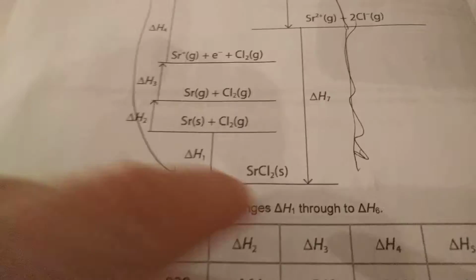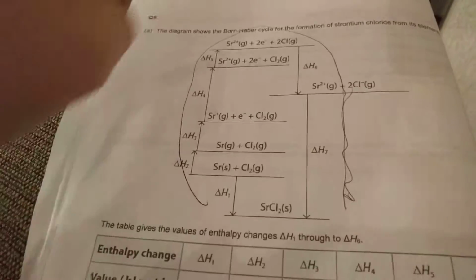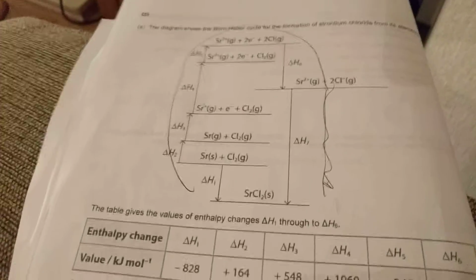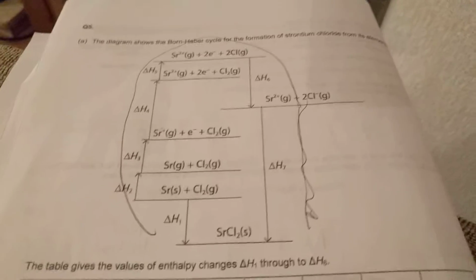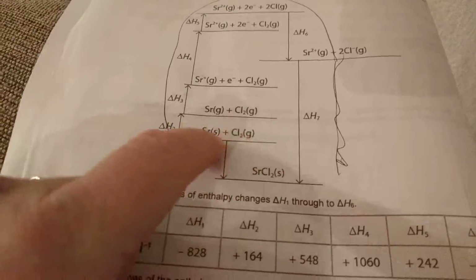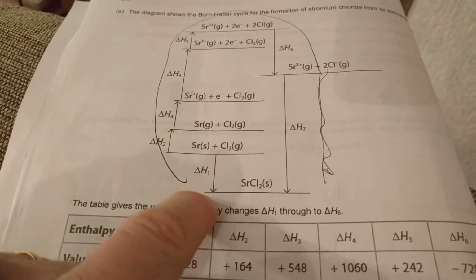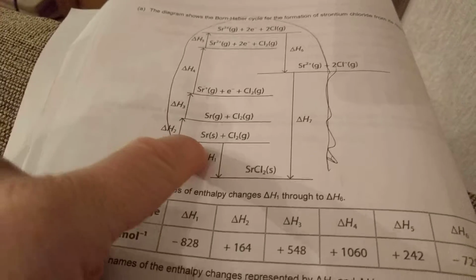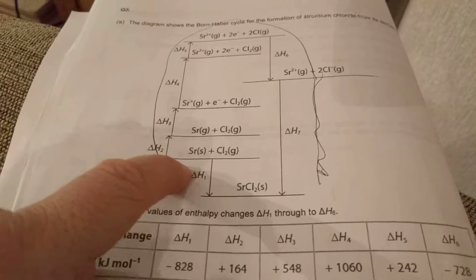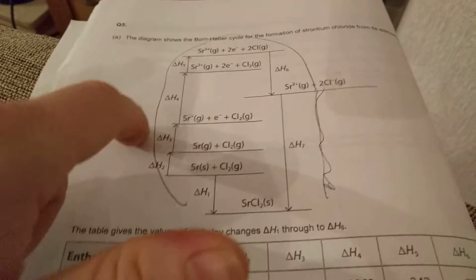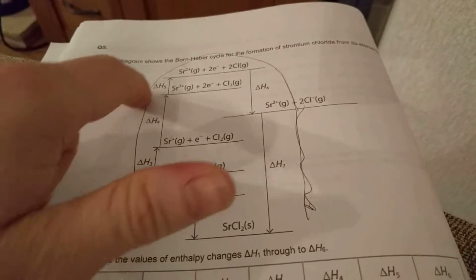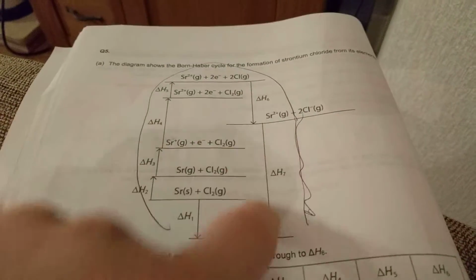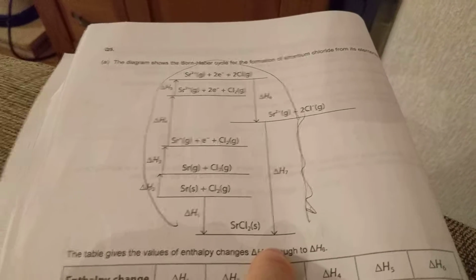Now, if I follow my arrows round, I can work out my equation for my Born-Haber cycle. This enthalpy of formation arrow is going down, so I need to go against it. So I've got minus delta H1, plus delta H2, plus delta H3, plus delta H4, plus delta H5, plus delta H6, plus delta H7 is equal to 0.